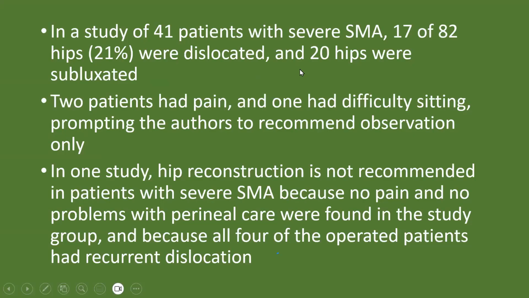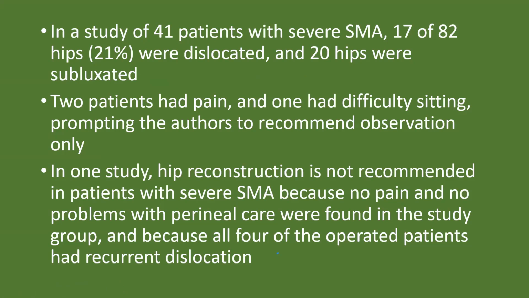In a study of 41 patients with severe spinal muscular atrophy, 17 of 82 hips were dislocated and 20 hips were subluxated. 2 patients had pain and 1 had difficulty sitting, prompting the authors to recommend observation only.